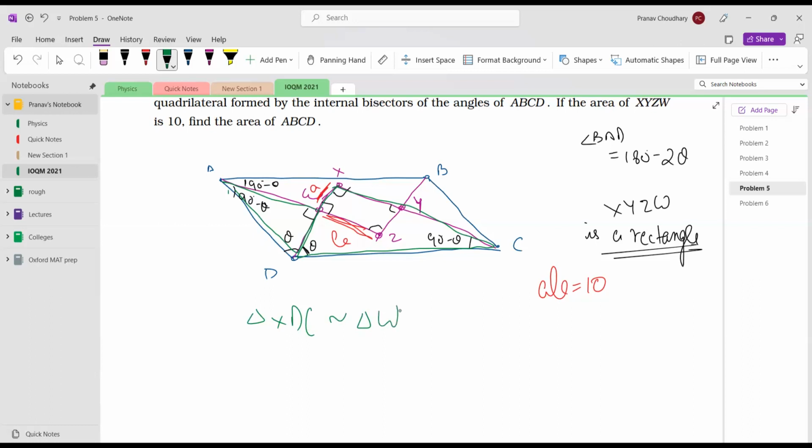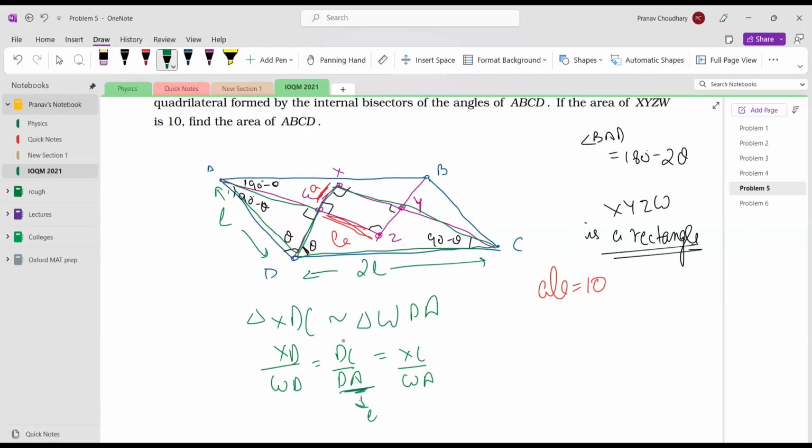So triangle XDC is similar to triangle WDA. So XD by WD equals DC by DA equals XC by WA. Also we know that if this length is L, then this is 2L. So here is AD, which is L, and here is DC, which is 2L.